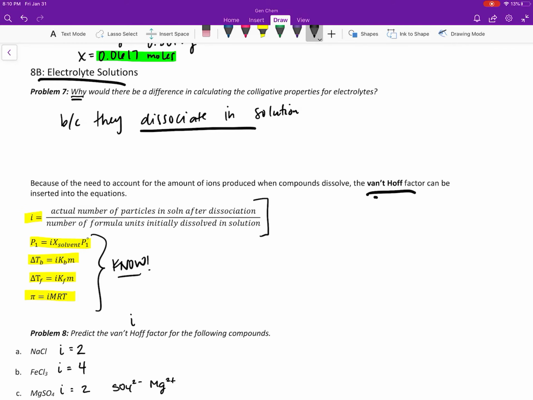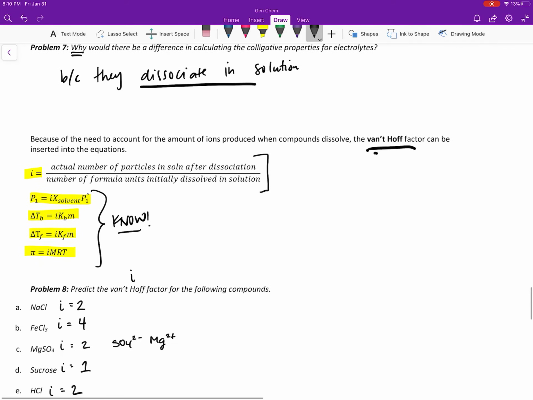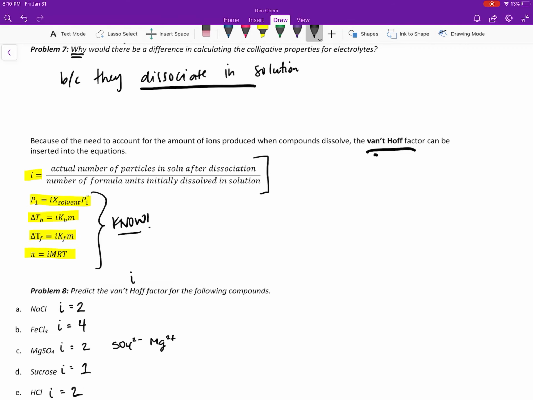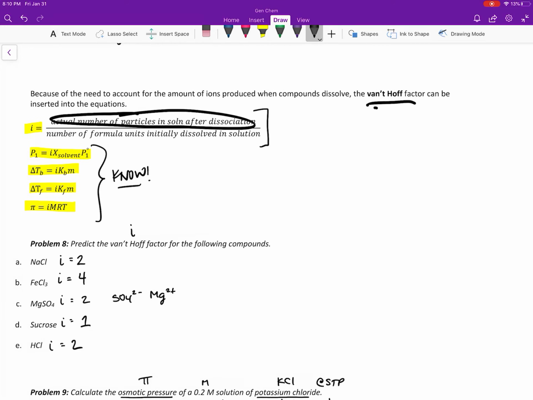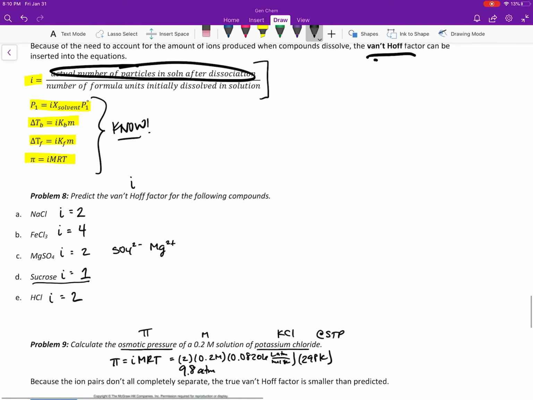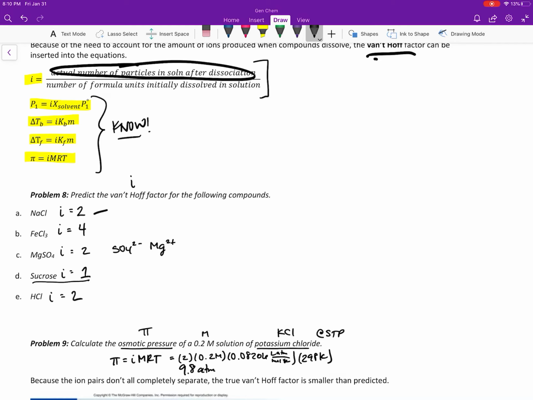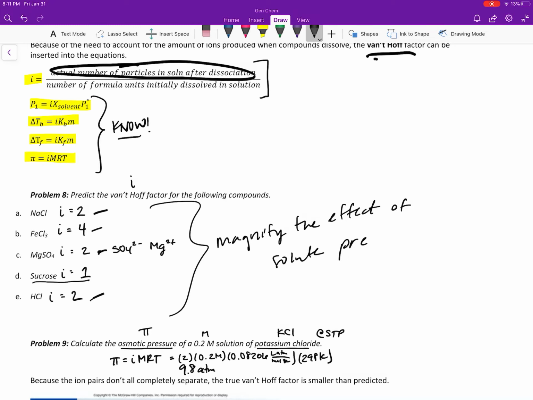And so we inserted an i into all of our formulas, which is the number of actual particles in the solution after dissociation. So if they don't dissociate, like sucrose, i is equal to 1. If they do dissociate, we predicted these numbers right here. So really, things that dissociate, they magnify the effect of the solute's presence.